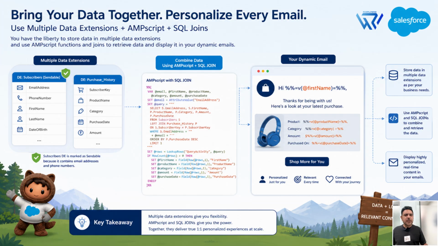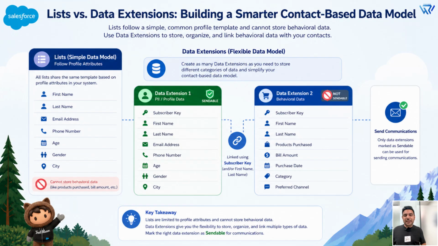You have to use AMPscript and SQL joins to prepare your data. You have the liberty to store data inside multiple data extensions and use AMPscript functions and joins to retrieve data and display it in your email. But this is not the case with lists, because lists are a simple data model. Every list has a common template, because a list follows profile attributes, and whatever profile attributes are listed within your system are common to any list you create.